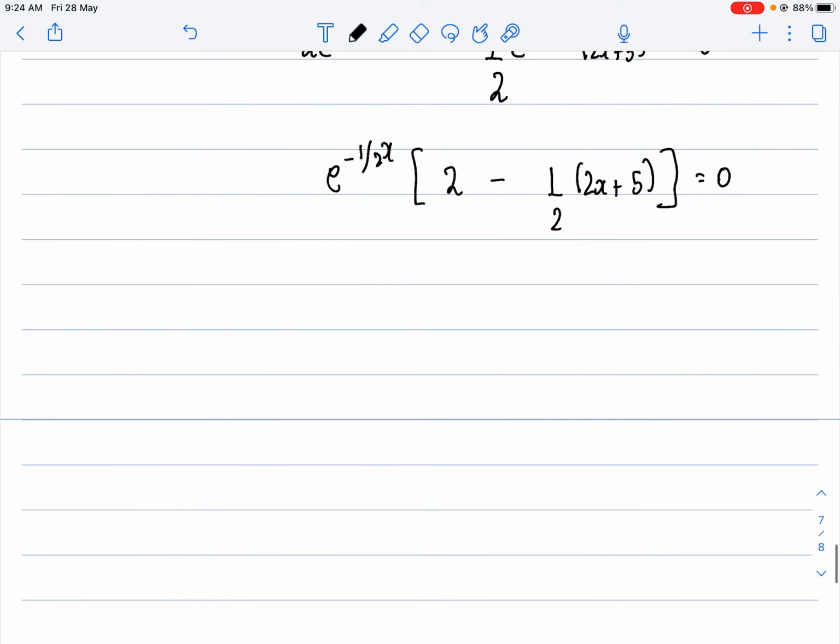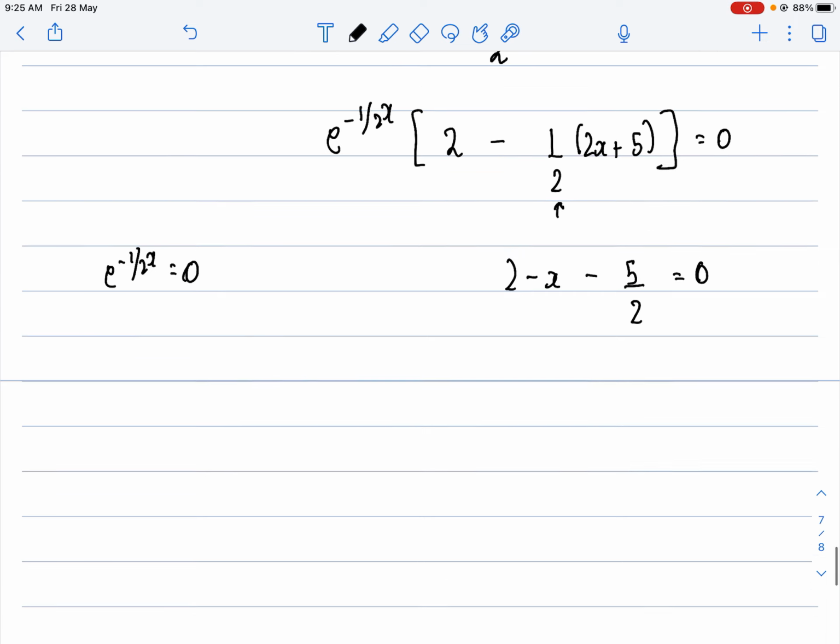So now I can write this as e raised to minus half x equals 0, or 2 minus, I can take the minus half inside to simply get minus x, minus 5 by 2, which is equal to 0. Agreed?